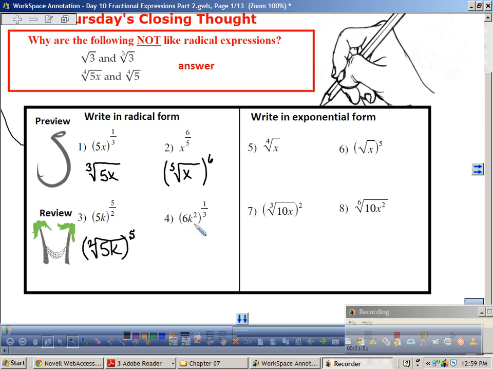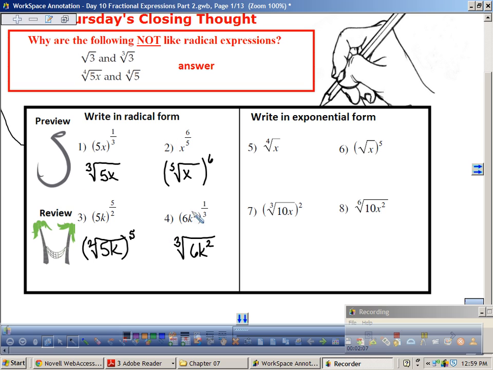What about this one? 6k squared to the 1/3. I've got 6k squared, and what type of cups am I using? 1/3 of a cup, so it's going to be a cubed root. You like this? Okay, good.